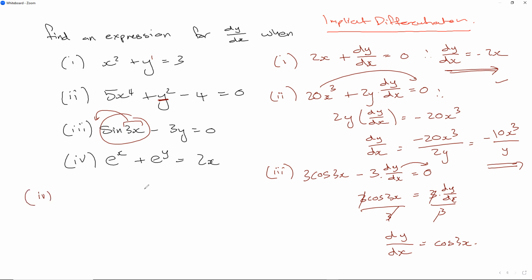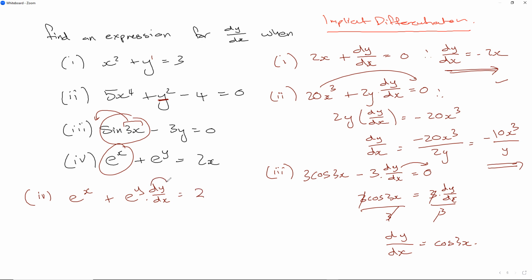Part 4. When I derive e to the x, it stays the same. When I derive e to the y, it also stays the same, but it's not x, so I just write dy/dx next to it. When I derive 2x, it's 2.